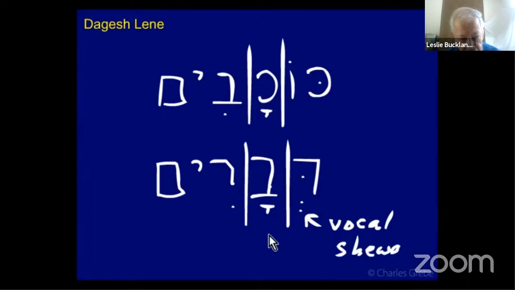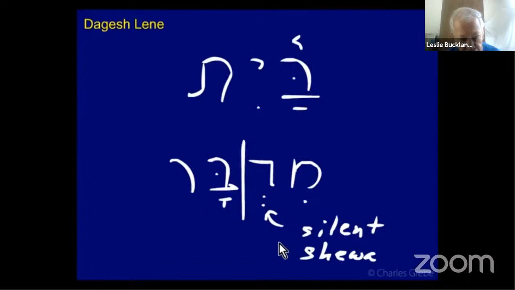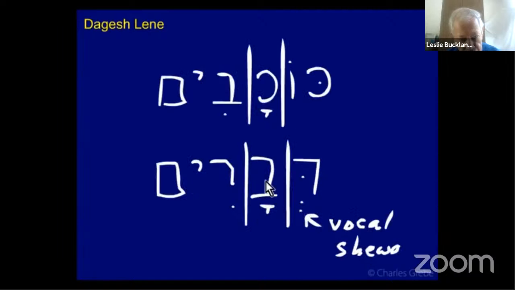Now, when you look at this word, you have to be a little careful, because you look at this word and there's no Dagesh here. Devarim. Yes, here. This one, same thing. You've got a beit following a Shva. There is a Dagesh. Here you have a beit following a Shva.